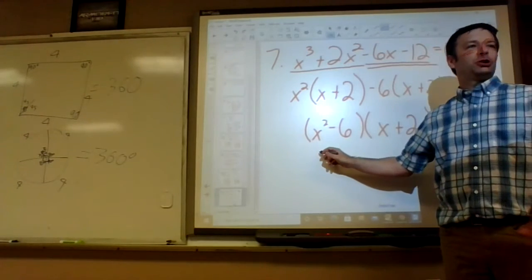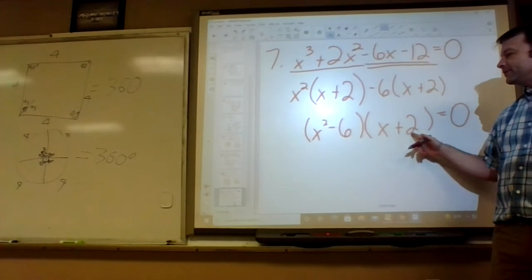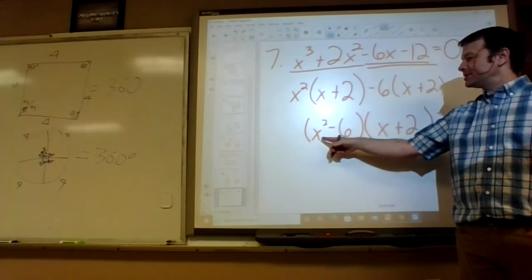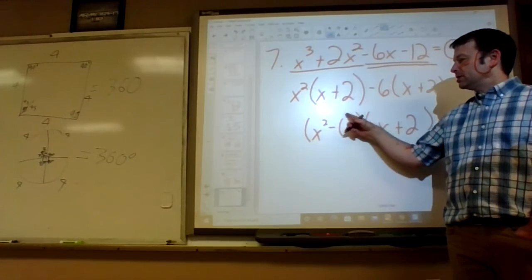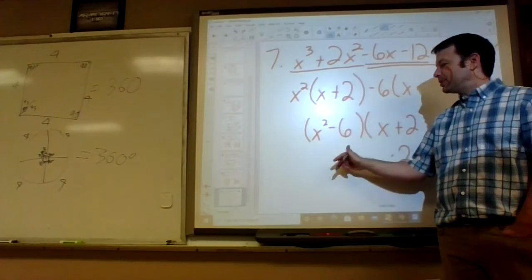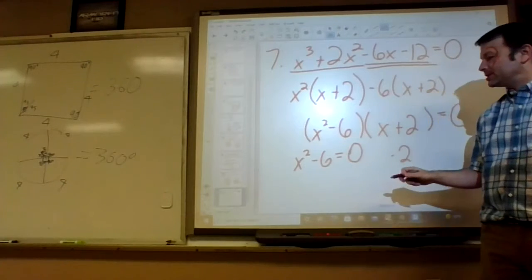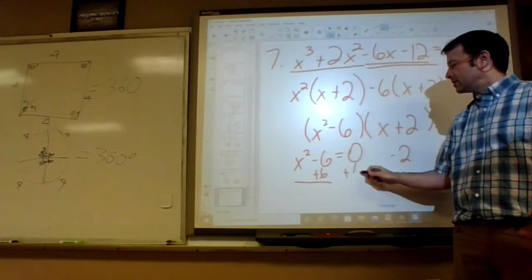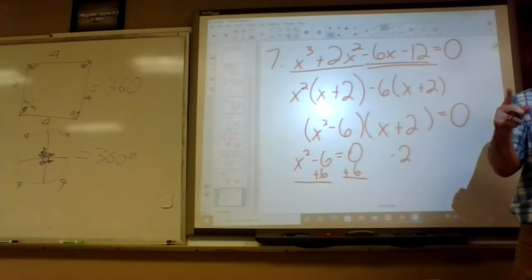Okay, Josh. X plus 6, x minus 6. So, what's the answer for this one? Plus or minus 2. Now, this is not a square minus a square. Why not? Because negative 6 is not a square. 6 does not have a square root. So we have to use the same trick we've been using. X squared minus 6 equals 0. Add the 6 over. It was just a square minus a square by coincidence on number 3.